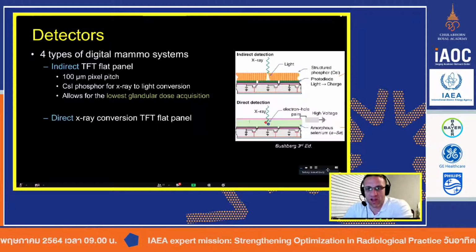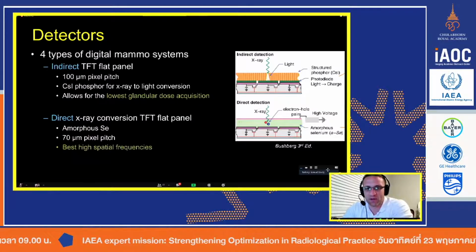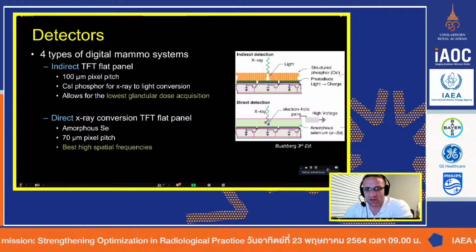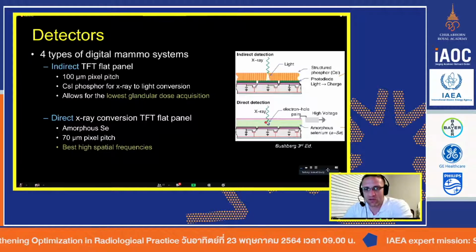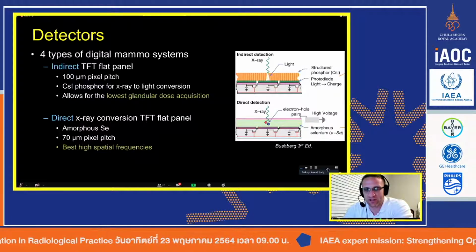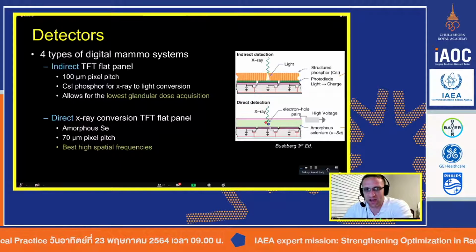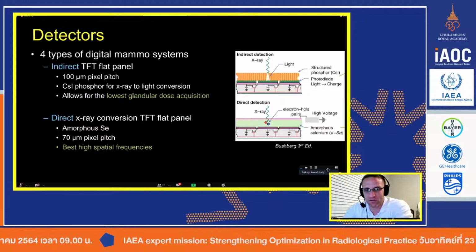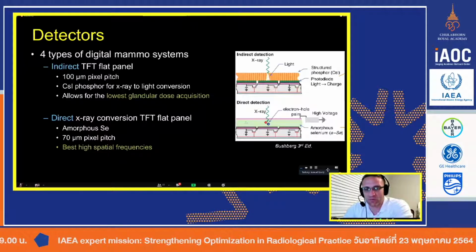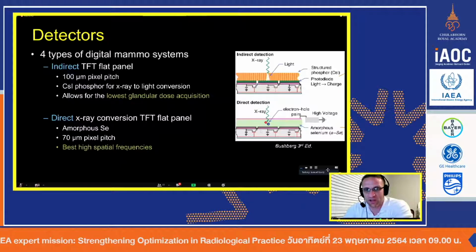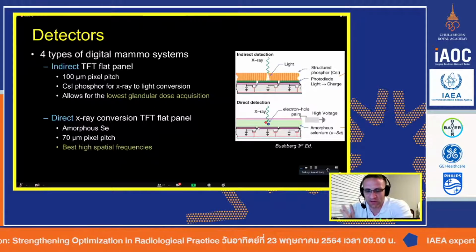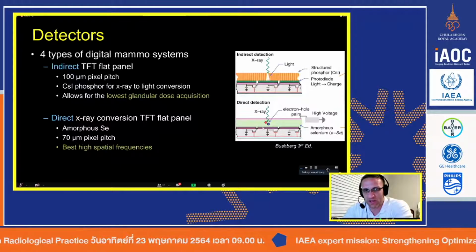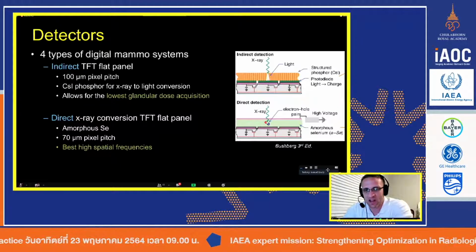Whereas the direct, now we're using amorphous selenium, and this system where the photon comes in, it interacts with the selenium, and then you create and you liberate an electron. That electron will migrate to one side, and the lack of electrons will accumulate on another side, and that allows for current to flow. These systems have the absolute best spatial resolution because we talked about this in DR imaging, we place an electronic bias across the system, so it helps steer these electrons.